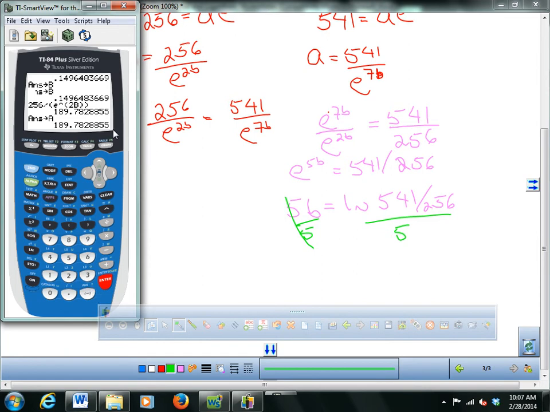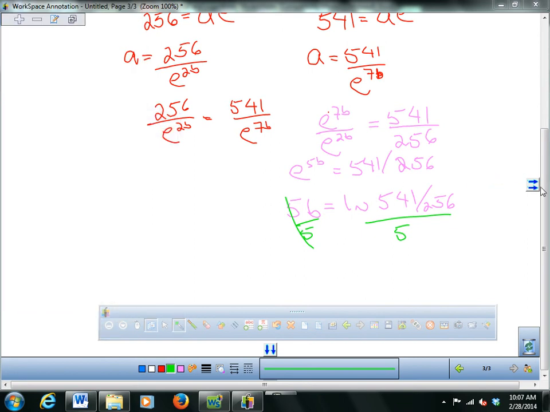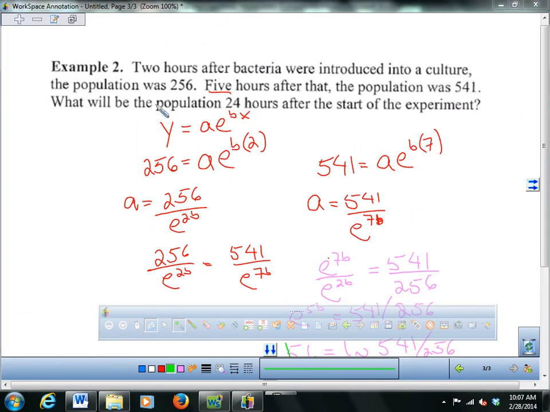And I store them, and then I go back to my original question, and it says, what will be the population 24 hours after the start of the experiment?